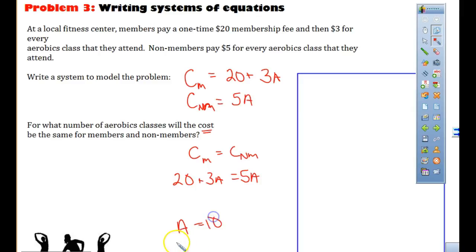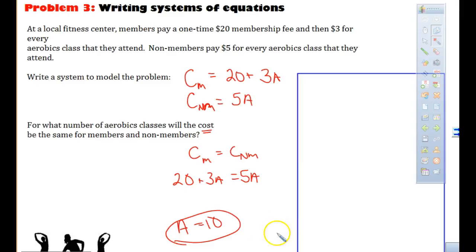Now, if you leave this answer just like this, A equals 10, and you do that on our tests, okay? On this quiz, it's mostly going to be you showing your work and solving it and giving your answers, or pairs, or no solution or infinitely many. But if you do this on the test and you just leave A equals 10, I'm probably taking off a couple of points on the problem, because the question said, what are the number of aerobics classes? So you would want to restate the question, just like in English: the cost is the same for members and non-members.